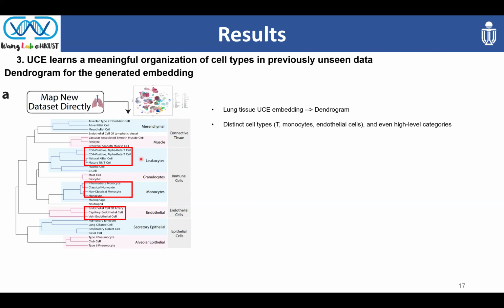And we first see that some distinct cell types like T cells, monocytes, and endothelial cells cluster together, even though they don't use labels for the embedding. They say it is an emergent trend to cluster together. And even some high-level categories like immune cells and epithelial cells are also clustered together. So I think with this picture, they just want to show that after the embedding, the biological condition is conserved very well.